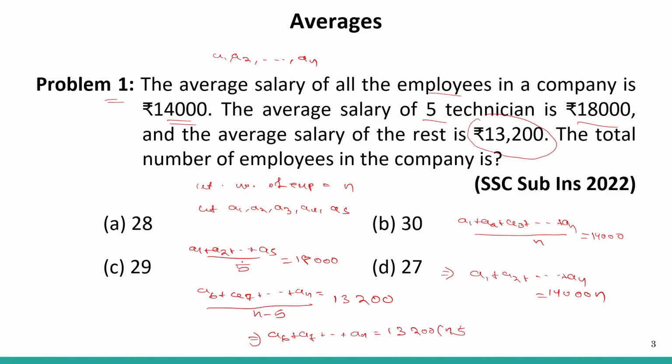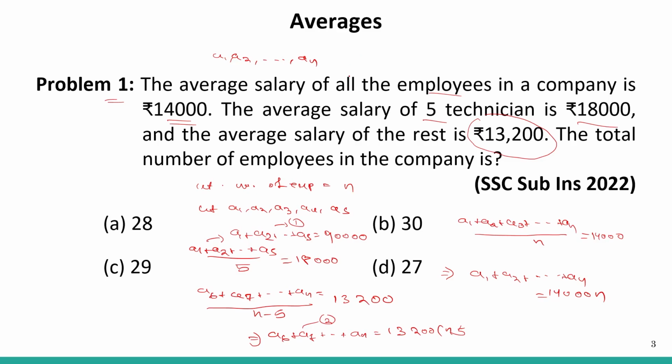From the first expression, A1 plus A2 up to A5 is equal to 18 into 5, which is 90,000. So this is equation 1 and this is equation 2.